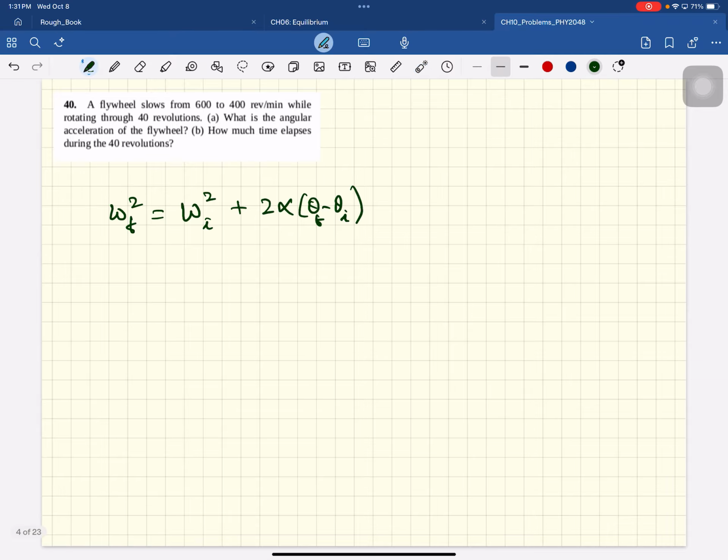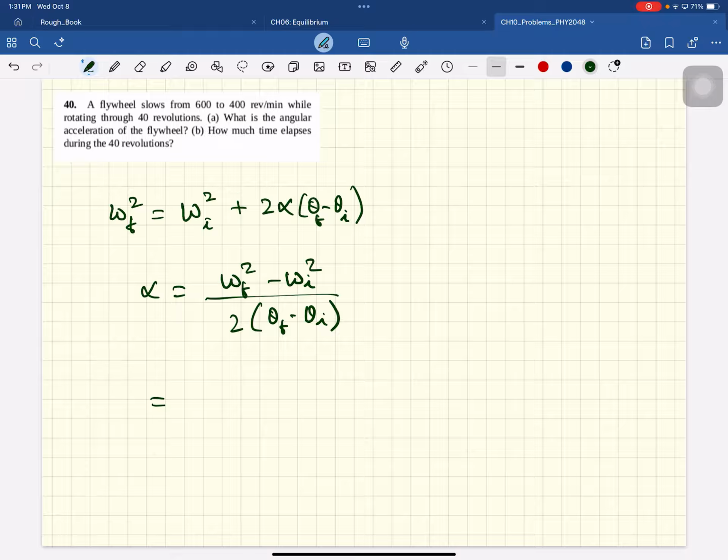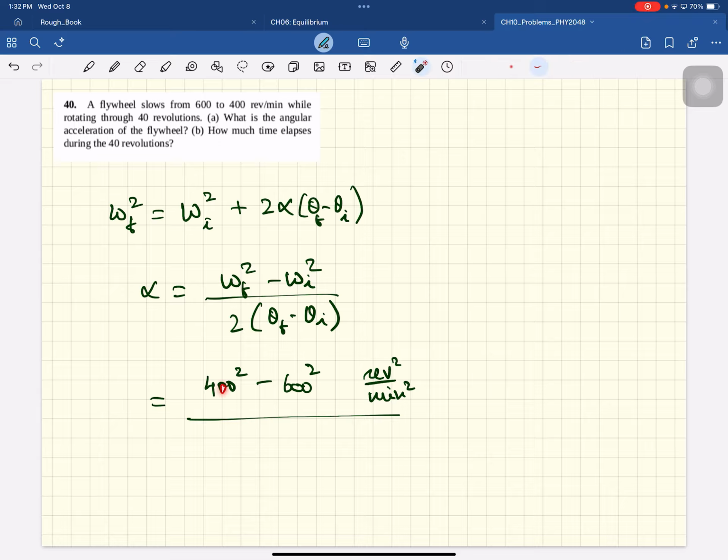So this is 400 squared equal to 600 squared plus, actually let me do this. Alpha is omega final squared minus omega initial squared, over 2 times theta final minus theta initial. 400 squared minus 600 squared, and this was revolutions squared over minute squared. Revolutions per minute was the unit for this, and when you square it, that's that. And then 2 times 40 revolutions.